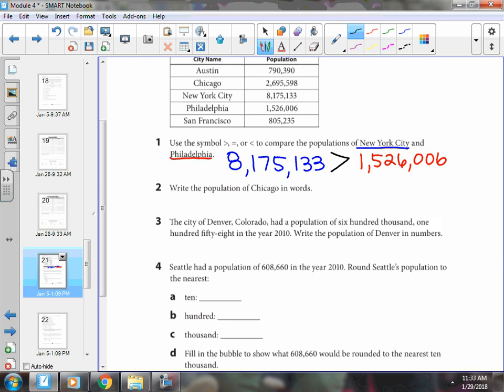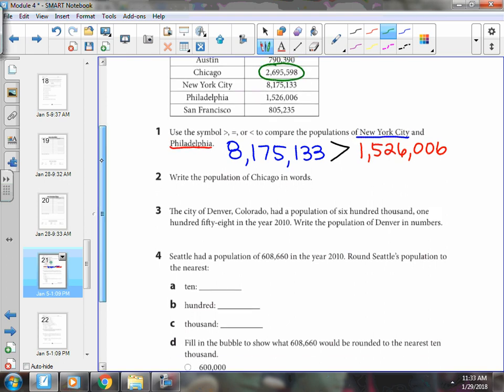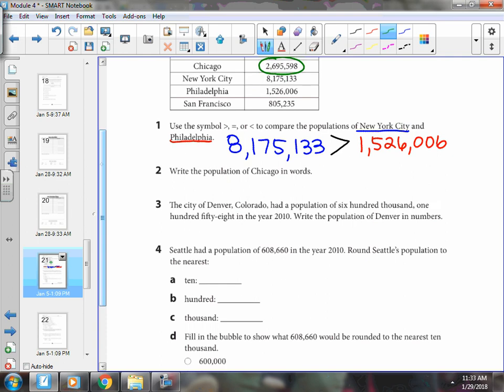It says to write the population of Chicago in words. So I'm going to look at this number right here and I'm going to write it in words. So think chunk by chunk and know what to write every time you see a comma. So I'm going to write 2. And that first comma is where I say the word million. The next chunk, 695.